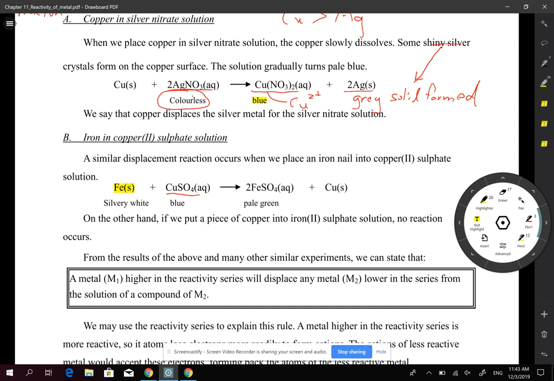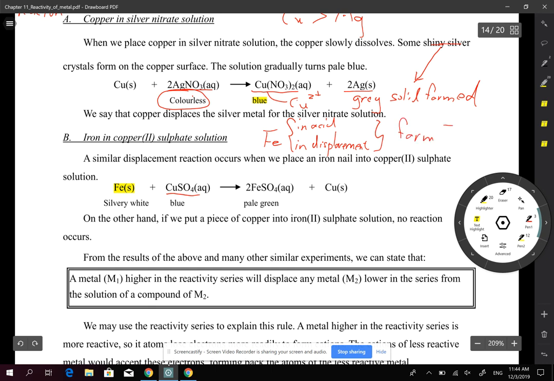Remember, when iron reacts with acid, it will form iron 2 ion first. We know that iron has two kinds of ions, but usually iron in acid or in a displacement reaction will form 2 plus first. You lose 2 electrons and then you lose the last one. So the first step, it will form 2 plus iron first.